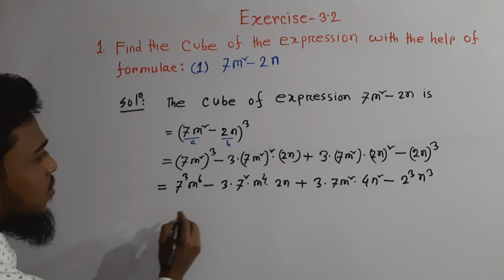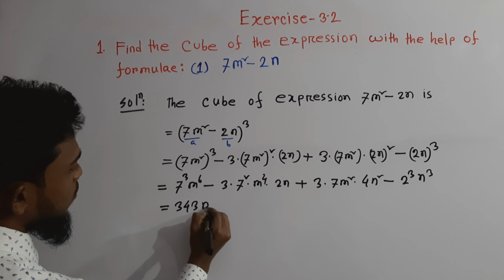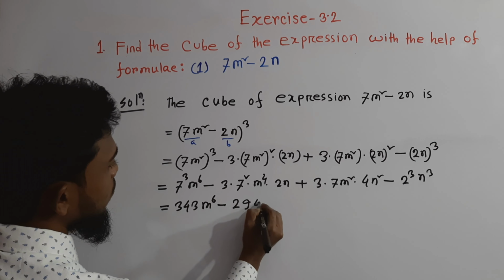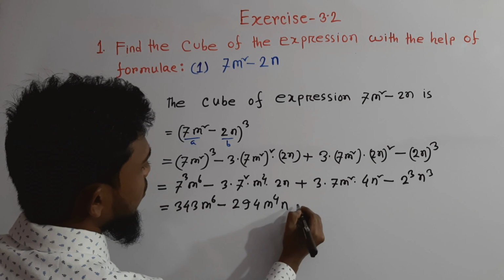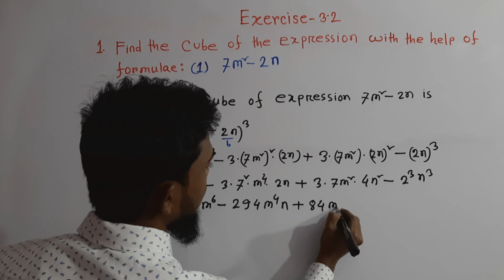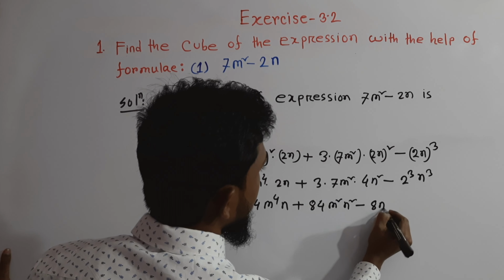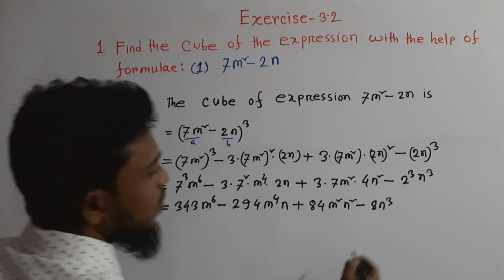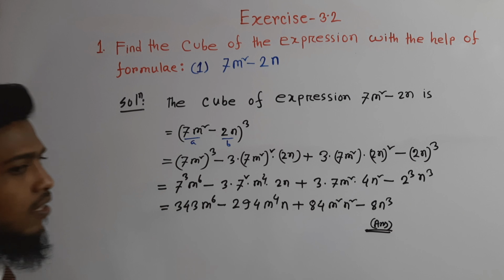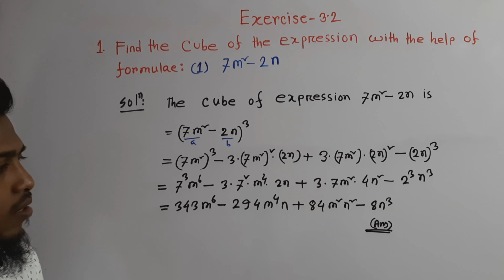If we simplify this expression, we can write 343 m power 6 minus 294 m power 4 n plus 84 m square n square minus 8n cube. This is our answer. I think, students, you understood this calculation very easily.